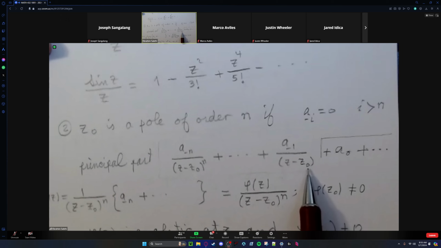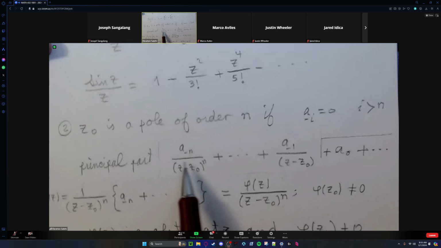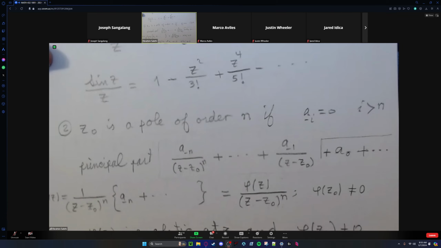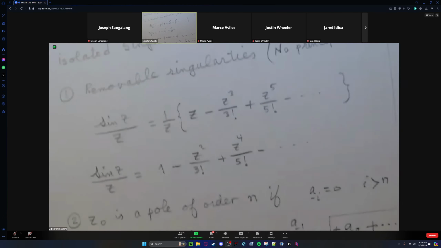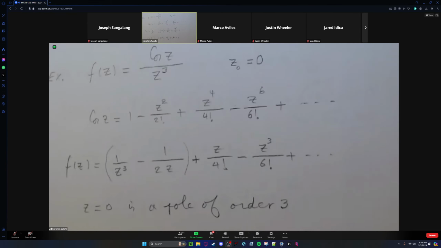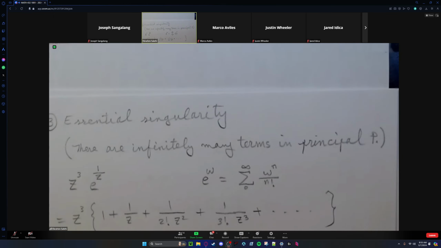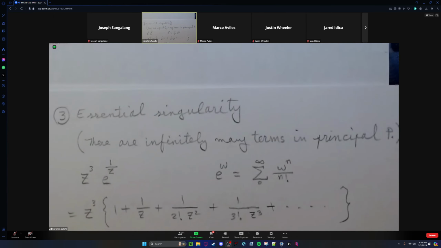And now, the third category is when the principal part has infinitely many terms. So it is not just finite, it's infinitely many terms. And if that happens, we call that point an essential singularity. Essential singularity, all right? So, type 3 of isolated singularity.